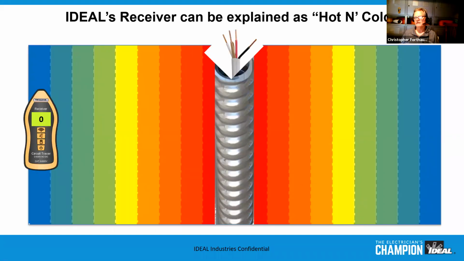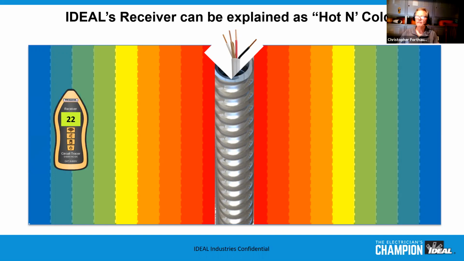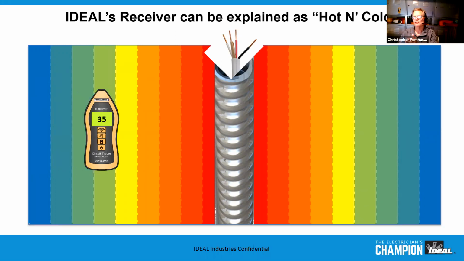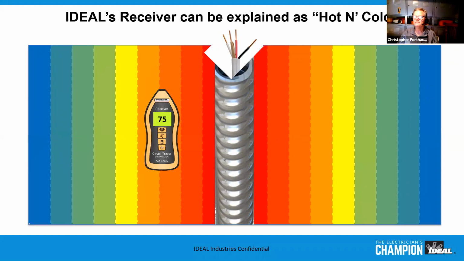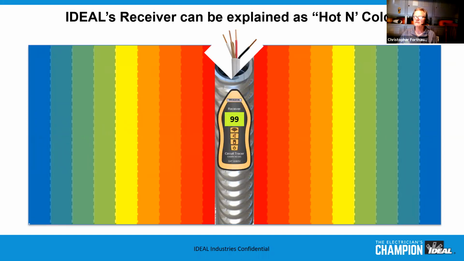One of the things that we like to use is this analogy of hot and cold. When you were young, you probably played the game hot and cold. One of the things that we've heard from our end user base is that our particular tracer has about a 15 to 20 inch range. The further away you are from the conductor, the colder you get, but the closer you get, you can see the numbers changing here in the dial, till you get right on. 99 is the highest number you can get on the receiver.